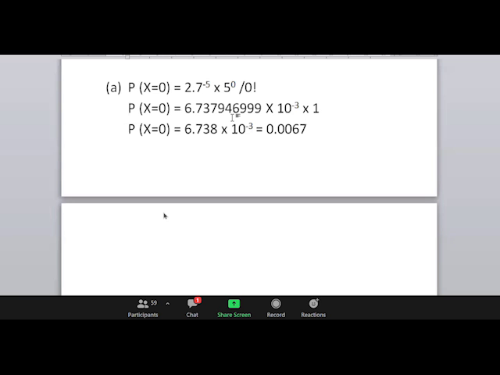They won't give you the 10 to the power something, especially business calculators. So is this correct? Are we okay? Yes, correct.